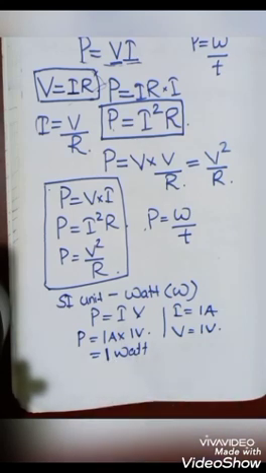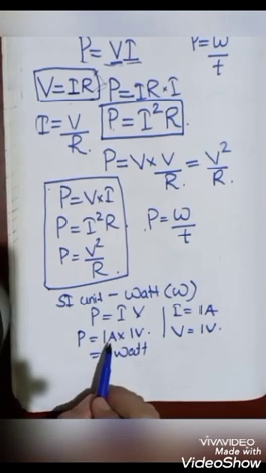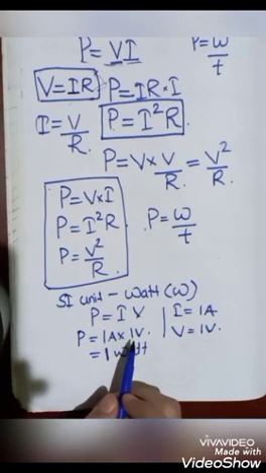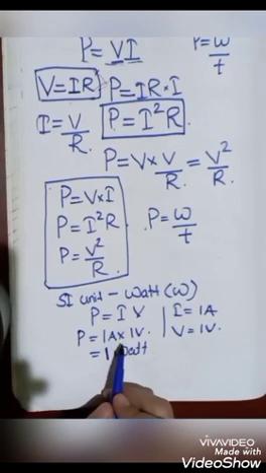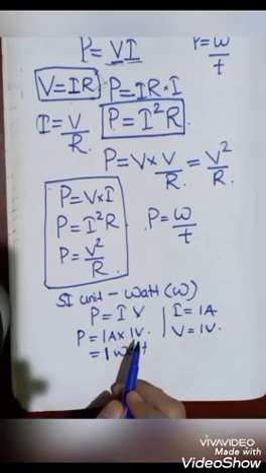Then how can we define 1 watt? 1 watt is the power consumed by a device that carries 1 ampere of current when operated at a potential difference of 1 volt.